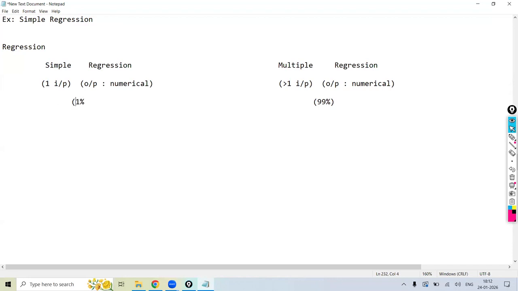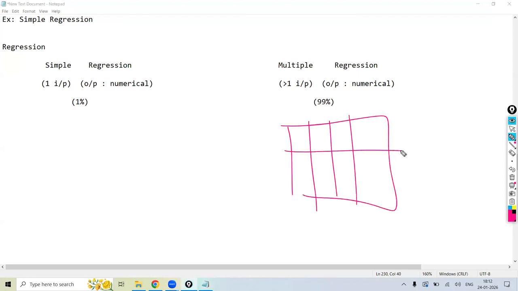But we require simple regression in order to understand multiple regression, because within multiple regression there are multiple input variables. Let's take an example: assume we have three input variables, x1, x2, x3, and one output variable. These three are the inputs. Generally, the input variable is represented by x and the output by y.